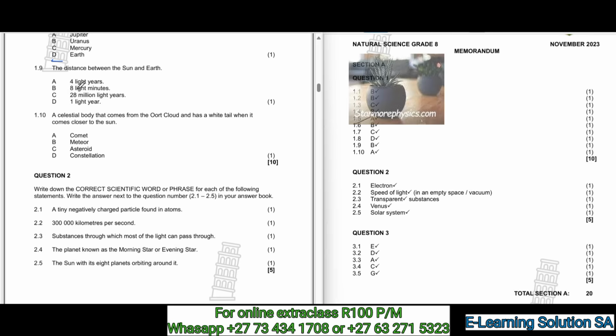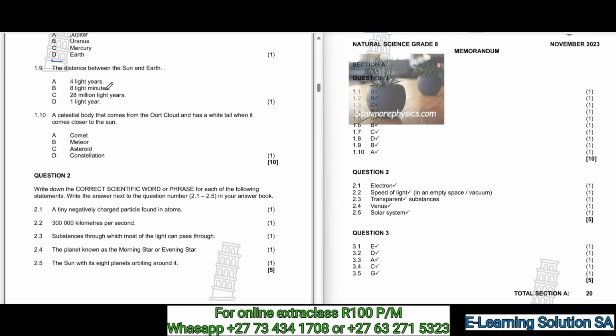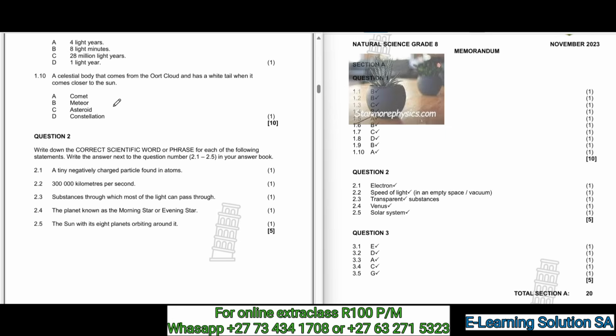1.9, the distance between the sun and Earth. The answer is B, which is 8 light minutes. That's the distance between the sun and Earth.